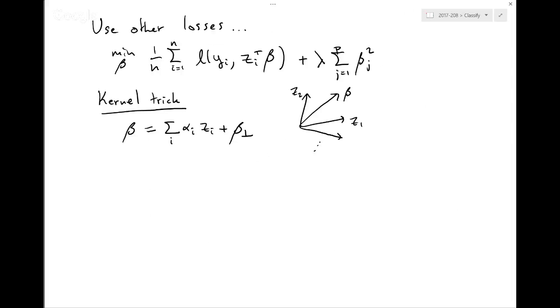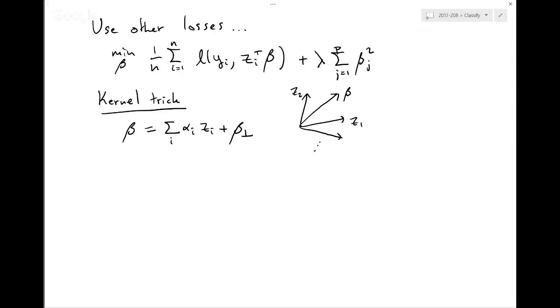It turns out, and this is a fact from linear algebra, that you can always write a vector as the sum of a linear combination of other vectors plus another vector which is orthogonal to all of those vectors.